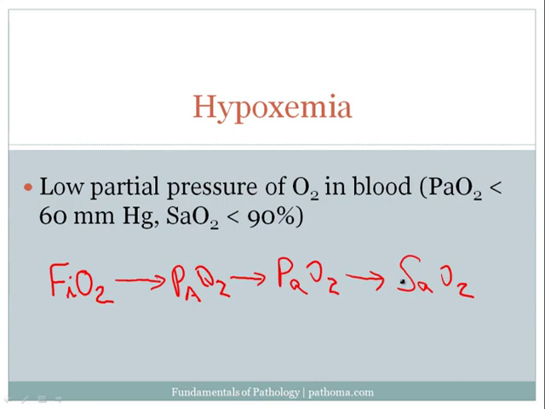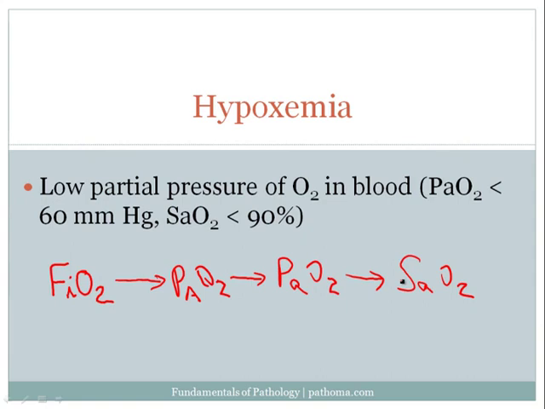So the FiO2 results in a PAO2, which is the pressure of oxygen within the alveolar airspace. That squeezes oxygen across the barrier into the blood, which creates a PaO2 in the arterioles. And then that squeezes oxygen across the red blood cell membrane into the red blood cells, which then creates an SaO2.